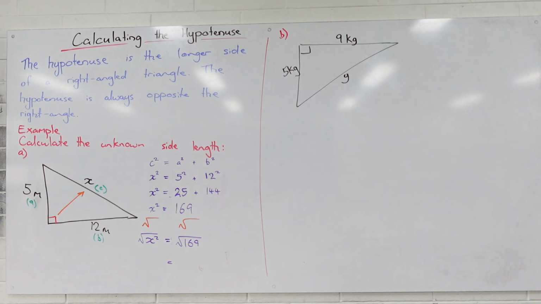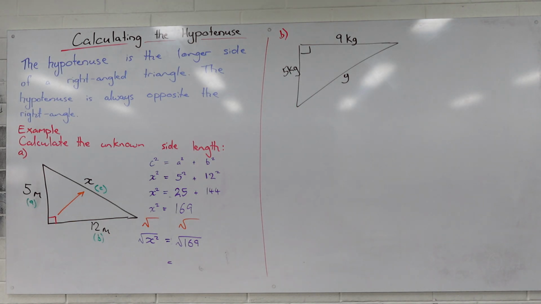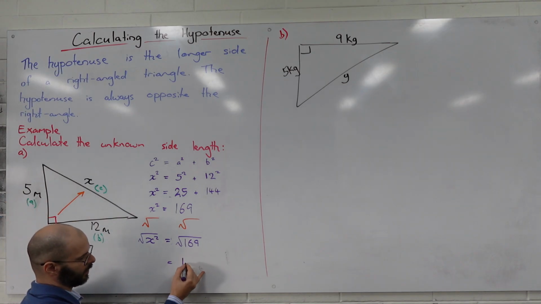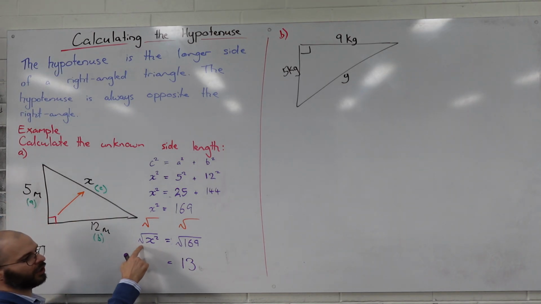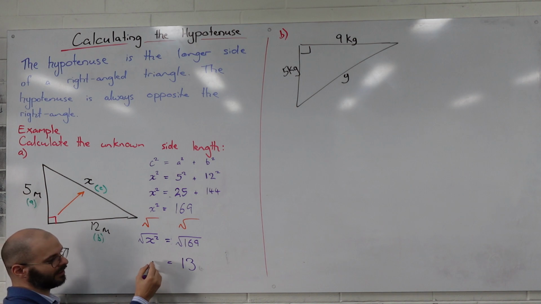I can simply go square root 169, or you may have to press the orange button for second function and then look for the square root symbol in orange somewhere around here. The square root of 169 is 13. The square root and the square symbol cancel each other out.